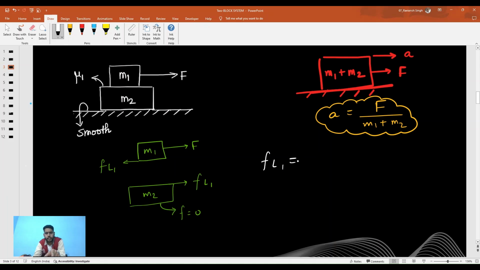FL1 should be equal to M2 into acceleration.